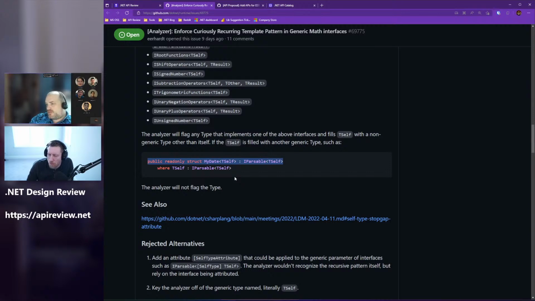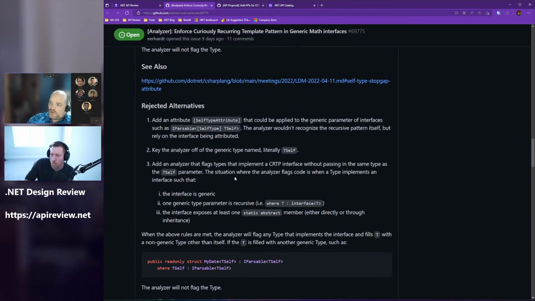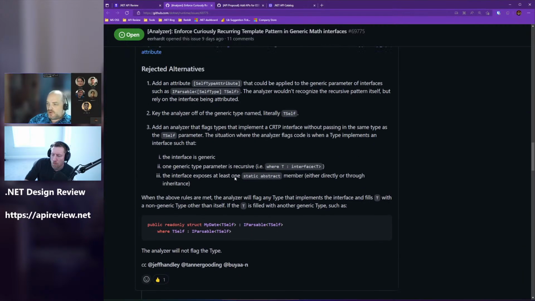Any of the TSelf interfaces that use the TSelf in an operator, or both in a covariant and contravariant usage, already would be a compile error just because you literally can't write it, right? Yep. So it's only when it's only covariant or contravariant and not involving an operator that technically it compiles, but semantically it doesn't work.